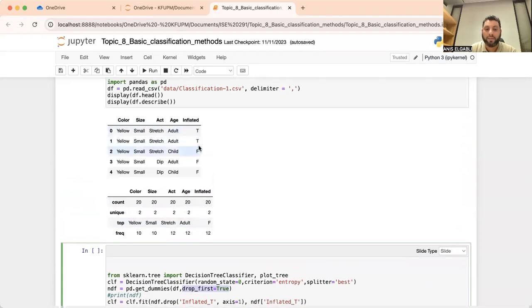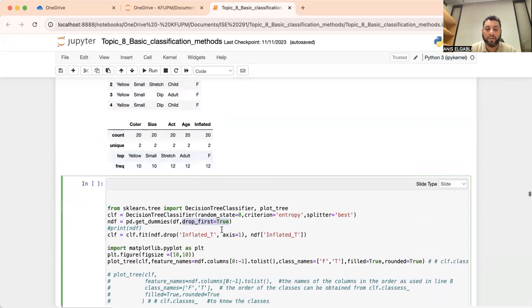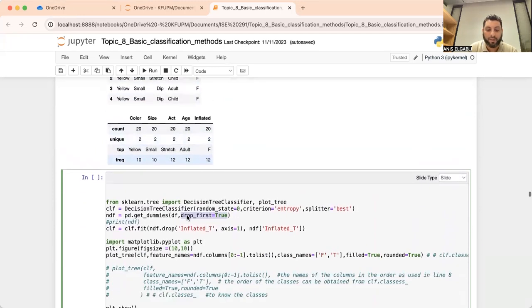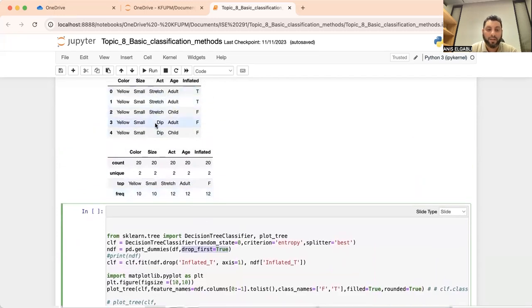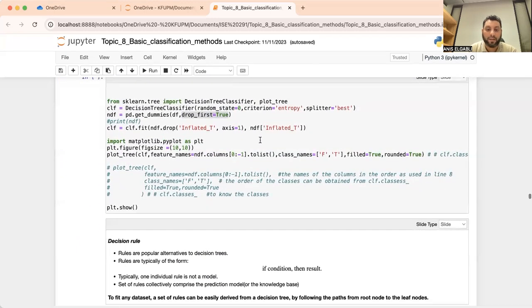Since f comes before t in alphabetical order, inflated underscore false will be first, and then inflated underscore true. We are dropping the first one, so we drop inflated underscore false, and we end up having inflated underscore true. The same thing applies to every other one. Each of them has two choices, so we will have the same number of features. They are just numeric features.